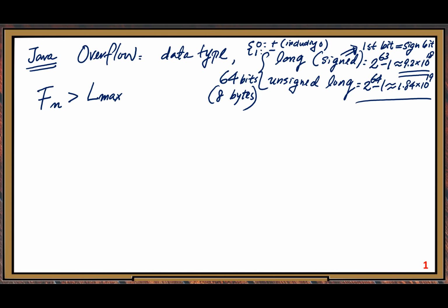I do not require which version you use, so you choose by yourself. I use this L sub max to represent: when f sub n is greater than this L max, overflow occurs.